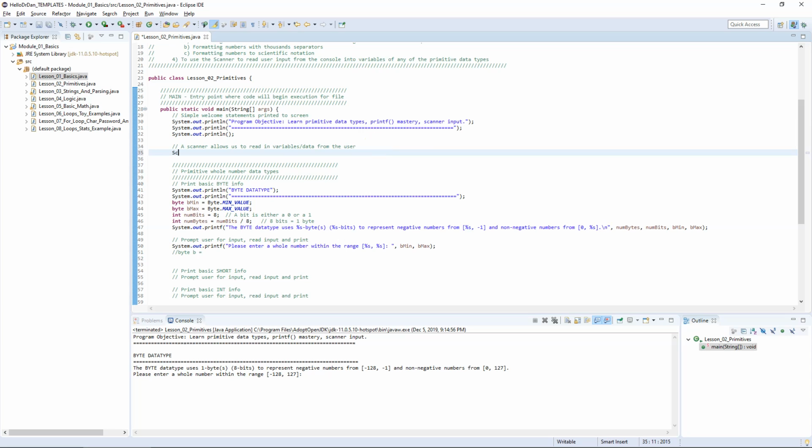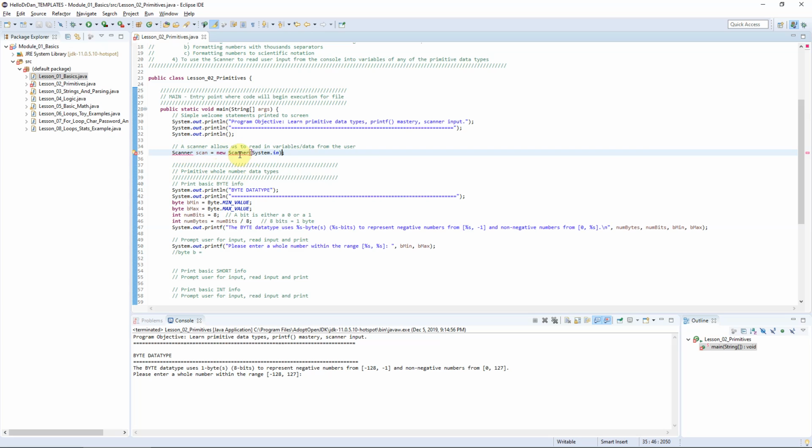How I do this is I write the word Scanner capitalized, and I'll give this scanner some kind of name. I'll call it scan. I could call this anything, scan2, scan3, whatever. Then I say equals new Scanner(System.in). You'll notice some red squigglies here once you save.